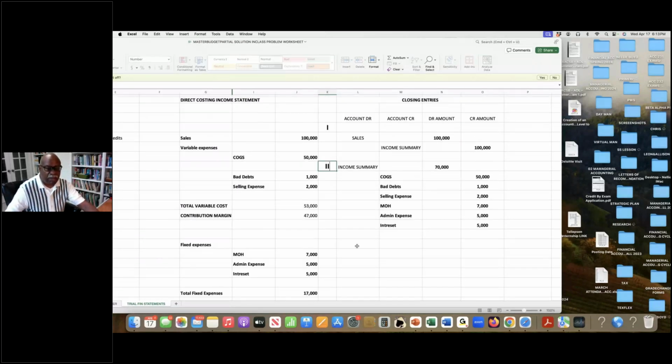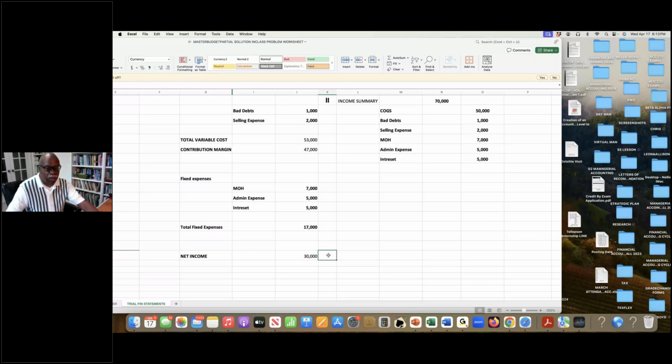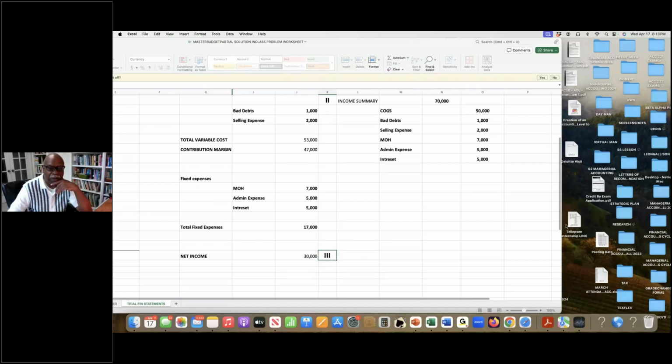Closing entry 3 is where we close out the net income. So what are we going to debit and what are we going to credit in closing entry 3? Y'all so quiet today. What's the amount going to be?